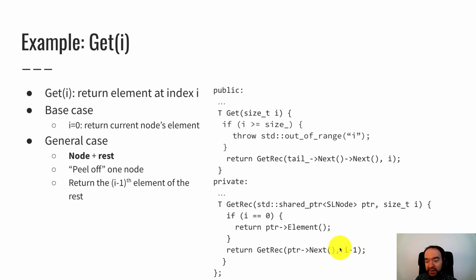And now I want the i minus 1th index, so I subtract 1 from i because I don't want the index to count from the original list. I'm continuing my search in a smaller part of the list off to the right, and so that index has to get subtracted by 1 to account for the fact that we shaved off one node right there.